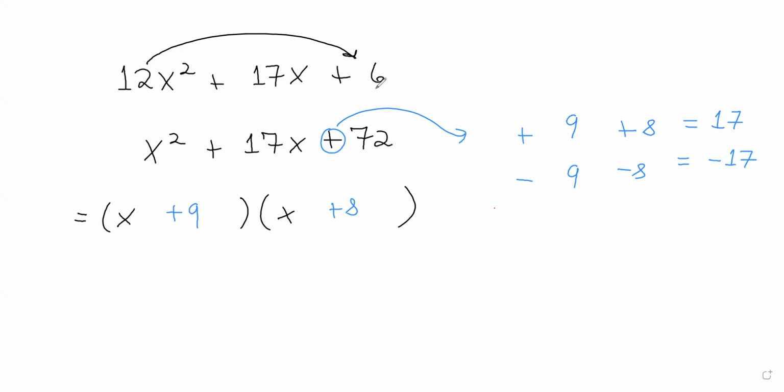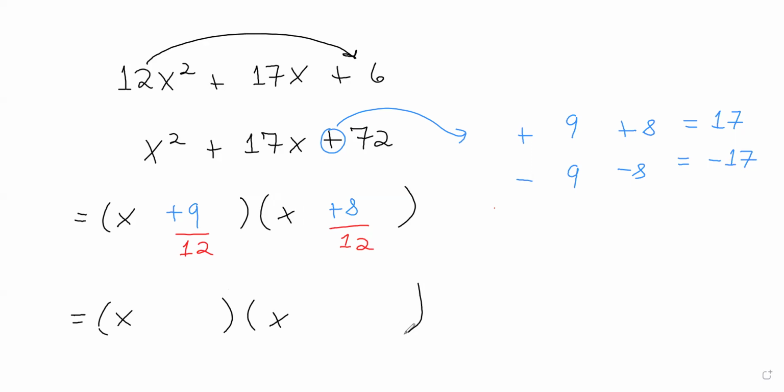We multiplied by 12 earlier, so now we divide out 12. What happened last time? If these didn't divide to give me a whole number, we would move the denominator in front of the x. We'd make it a coefficient of x.